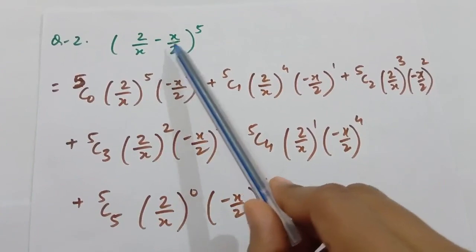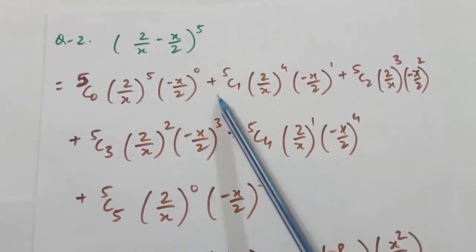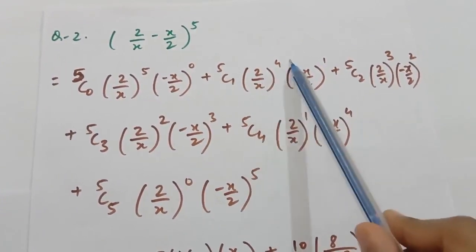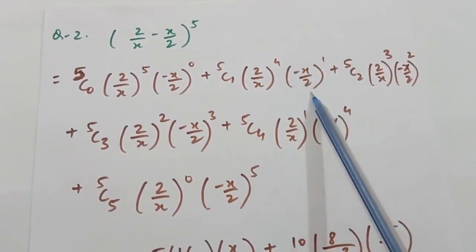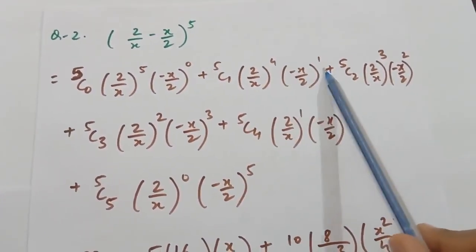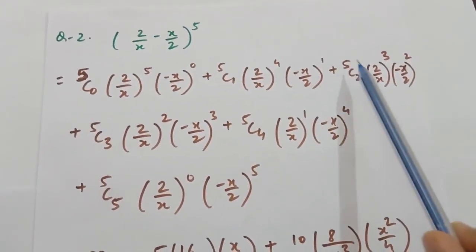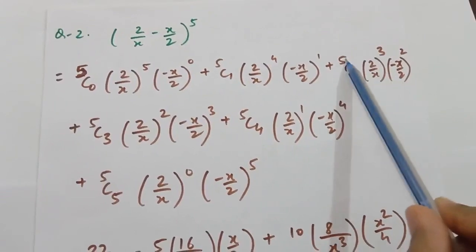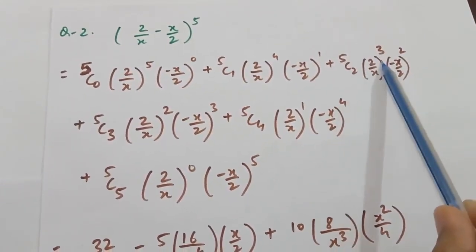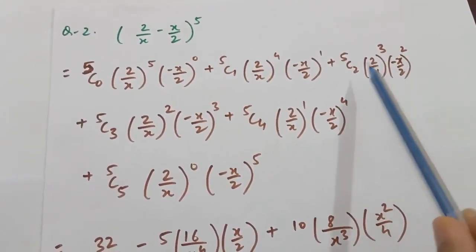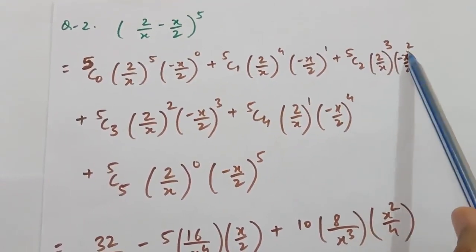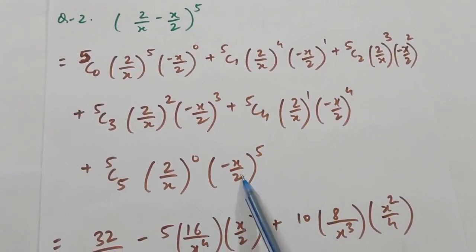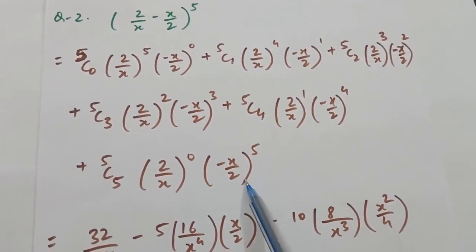You will take this minus with the second term, plus 5c1 2 by x whole raised to the power 4 minus x by 2 whole raised to the power 1, plus 5c2 2 by x whole raised to the power 5 minus 2, which is 3, and minus x by 2 whole raised to the power 2. So you will do like this only to get all the terms, using the binomial theorem.